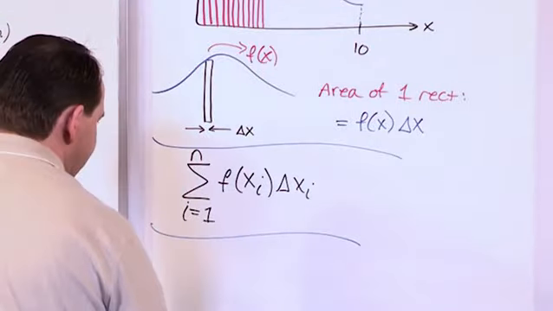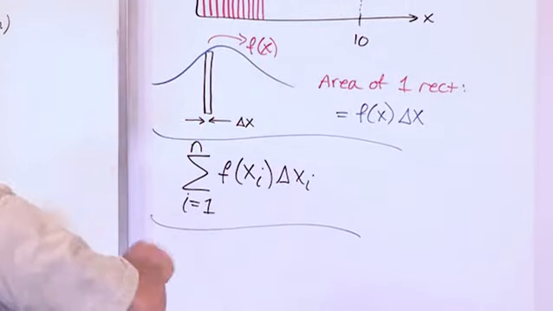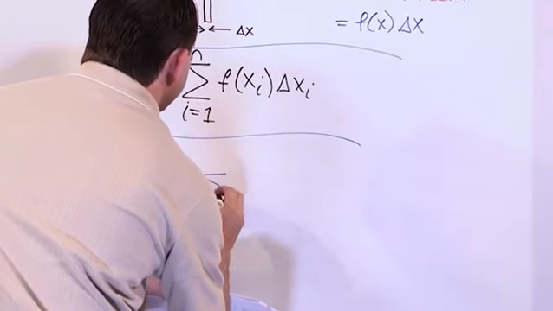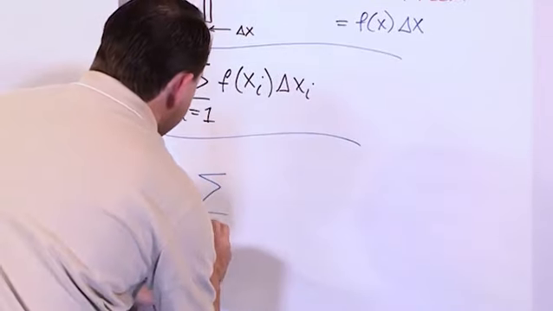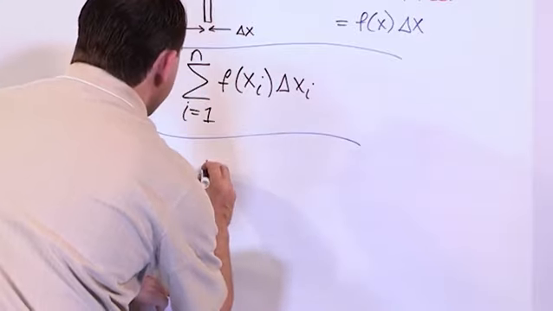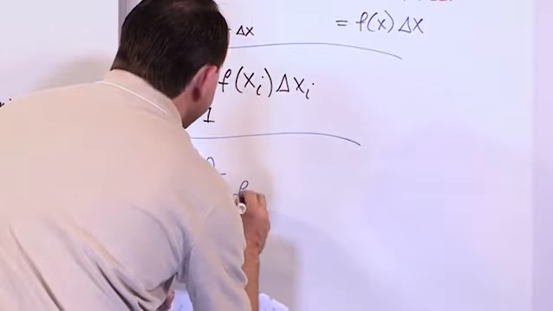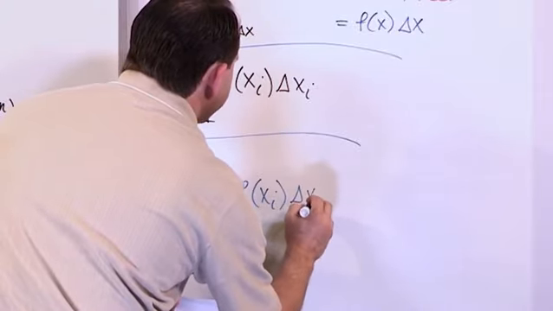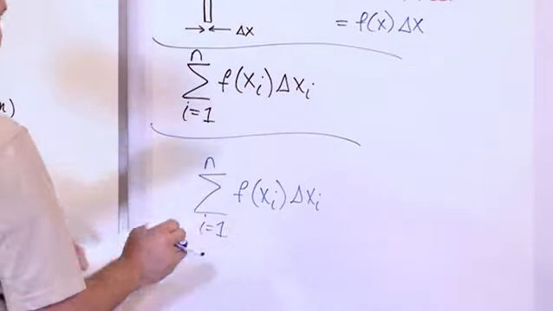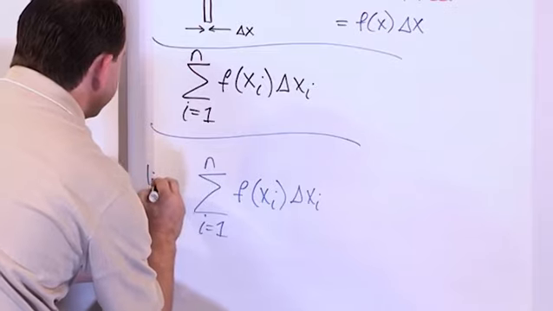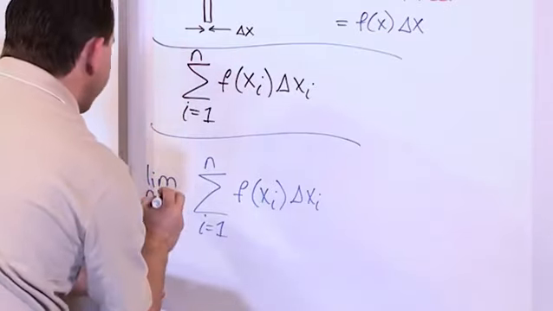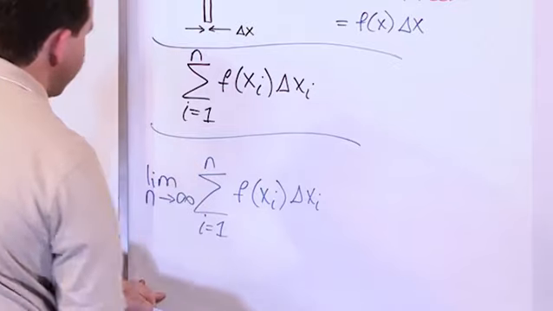The way you do that in math is the following. Let's rewrite what we have: the sum from i equals 1 up to n of f of x sub i times delta x sub i. What we want to do is take the limit, and we want n, the number of rectangles, to approach infinity.